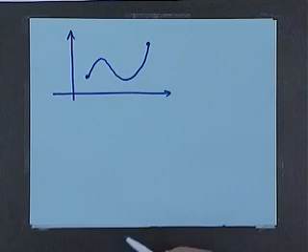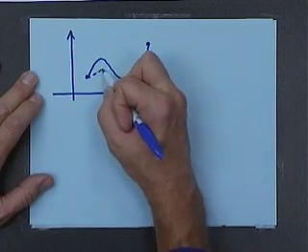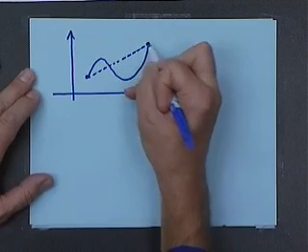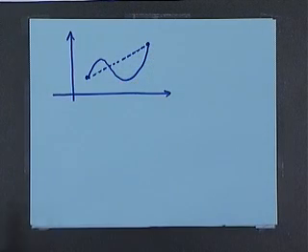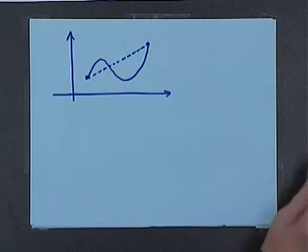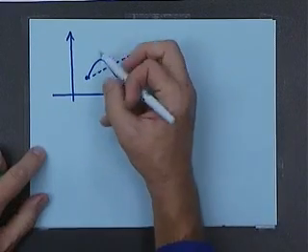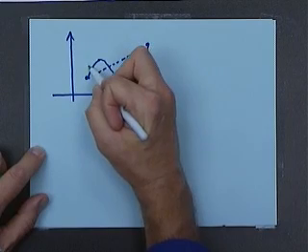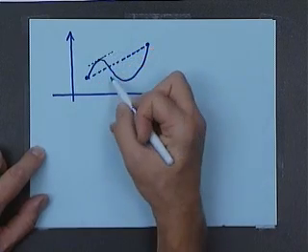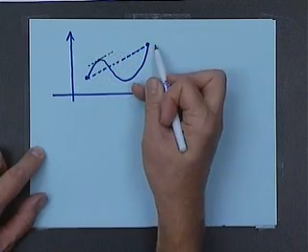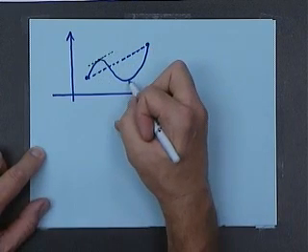We've seen that happen. Here's the slope of the secant. There's the secant line. Can you visualize a point, or in this case, more than one point, where the slope of the tangent is exactly the same as the slope of this dotted line?